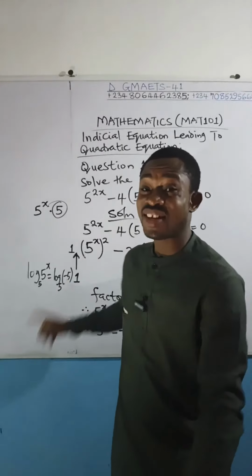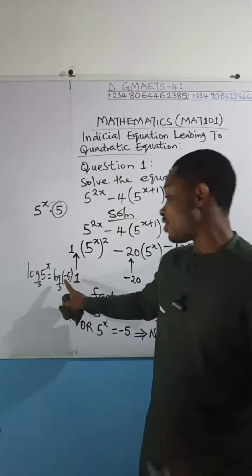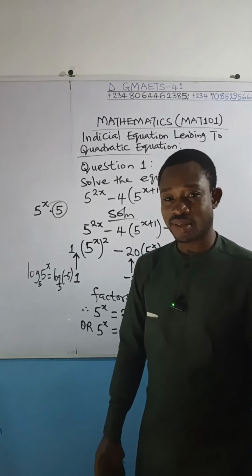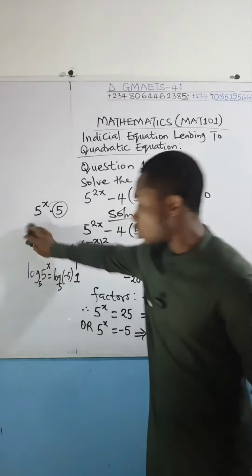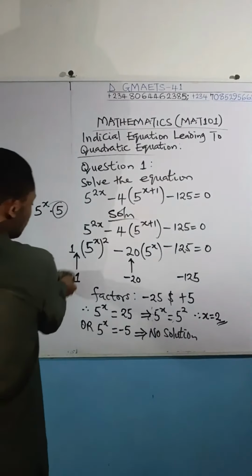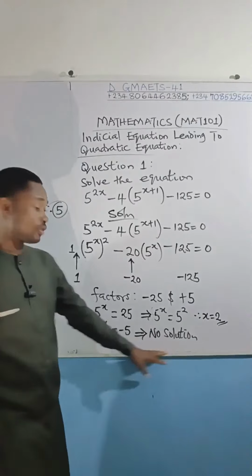Minus 5 is less than 1. So if you use a calculator to evaluate this, you would get a math error. It is an indeterminate term. It doesn't exist. So the second value does not produce any solution for us. Are you following? The second root of the equation does not produce any result for us.